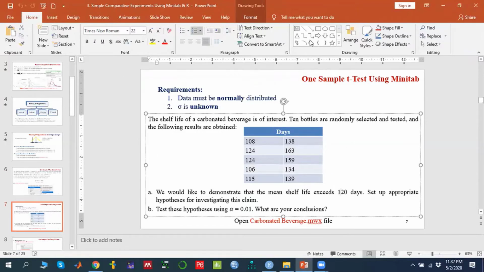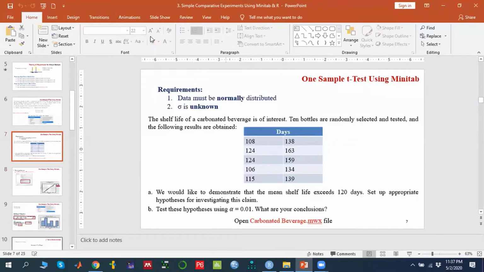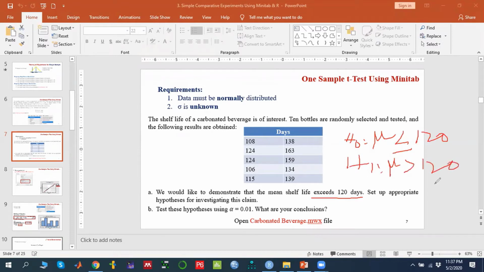The H0 and H1 would be, again, a one-tail test, and we can develop the H0 and H1 because it says exceeds 120. So your H0 would be mu is less than or equal to 120, and H1 would be mu is greater than 120, right?